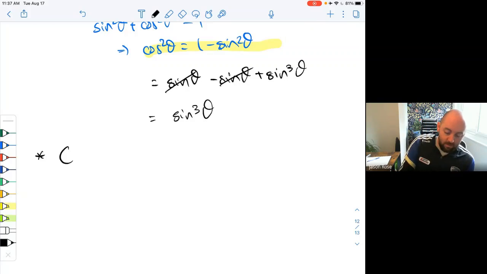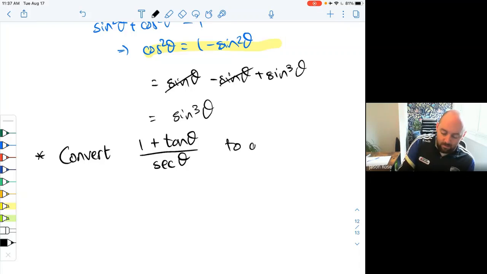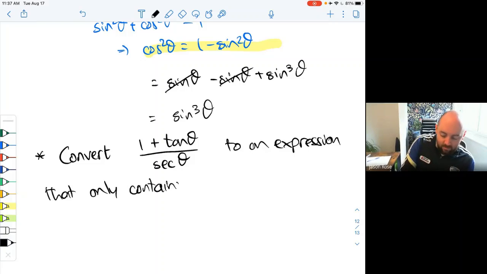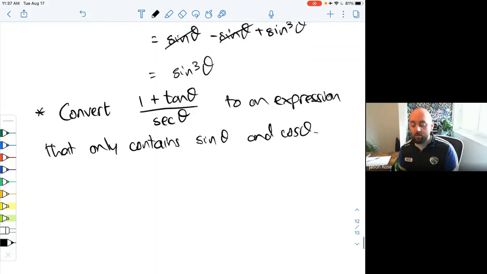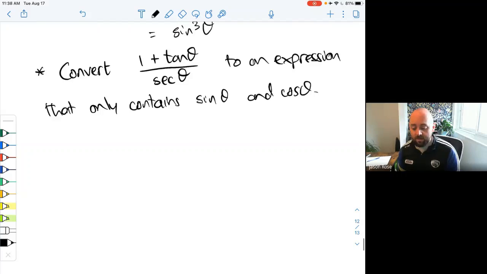So convert 1 plus tan theta divided by secant theta to an expression that only contains sine theta and cosine theta. No more tans or secants or cosecants or cotans. Just make it have sines and cosines.